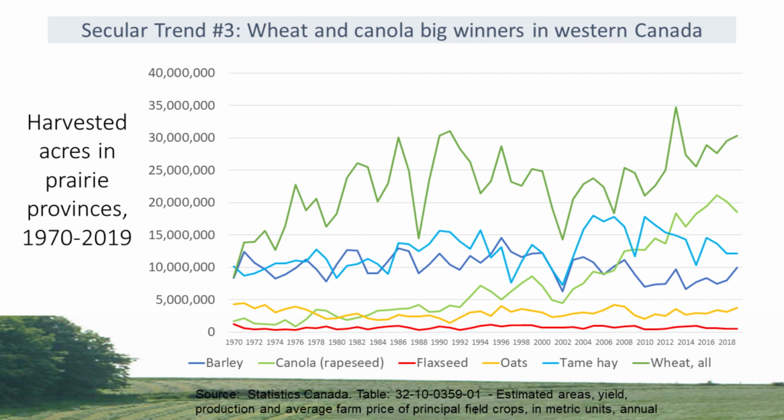So when we think about the beneficiaries of the reduction in summer fallow, it is these two crops that really take the cake. And it should not be surprising that up until a couple of years ago, canola was the number one crop in Canada in terms of financial value.